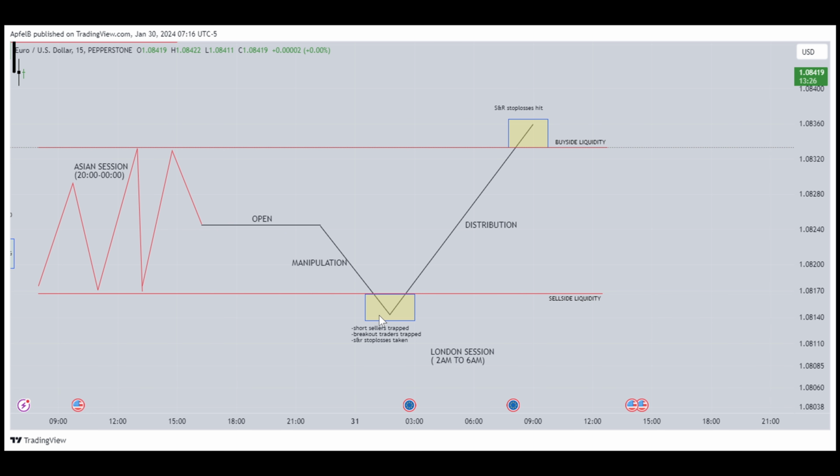We manipulate to take out either sell side liquidity below old lows, or buy side liquidity above old highs. But for this instance, I'm going to give an example for the buy profile in the London session.